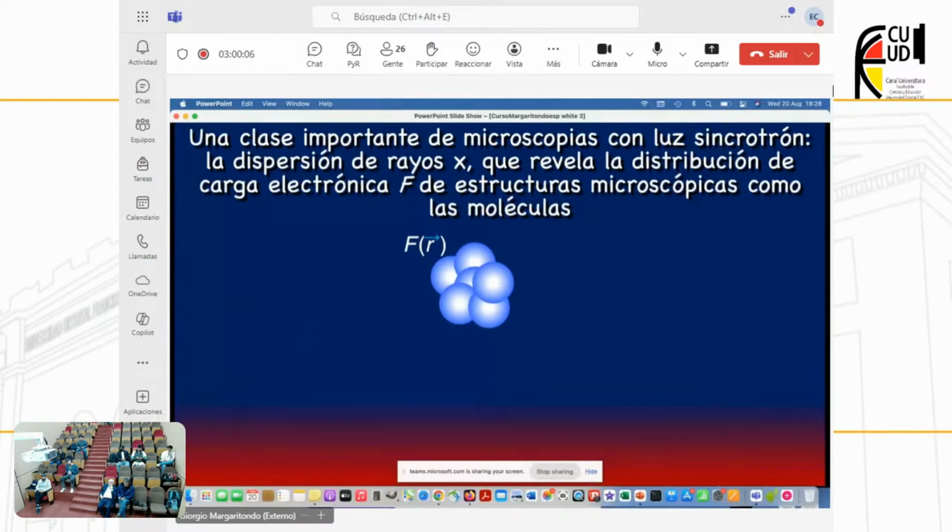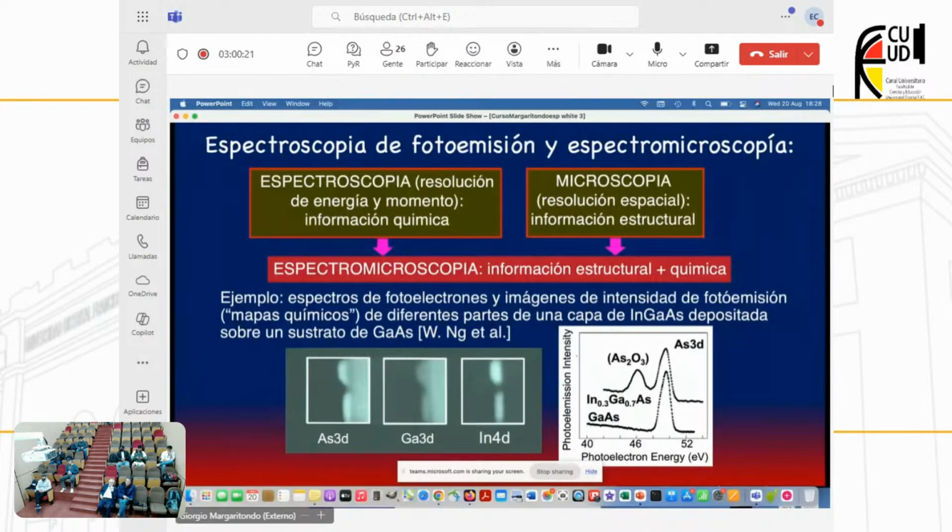But I think that this is a good time to stop in time with the allotted slot for my presentations. And so I will stop here. Let me go back to spectromicroscopy. And before ending, I like to see once again if there are questions.